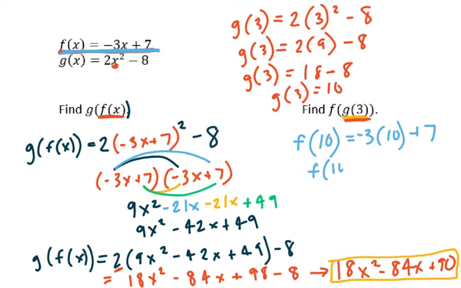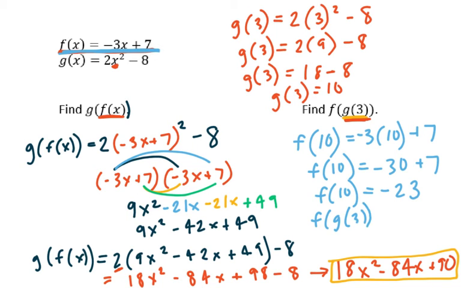And when we simplify, we're going to get negative 30 plus 7. And finally, we have negative 23. And so this is going to be equal to f of 10, which is also equal to f of g of 3. And this here is our final answer.